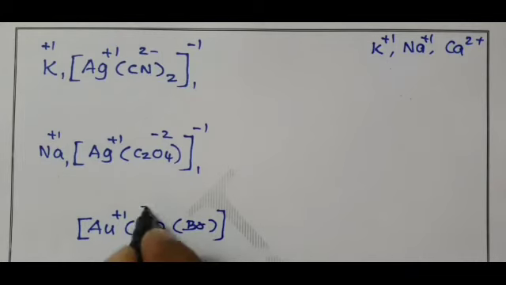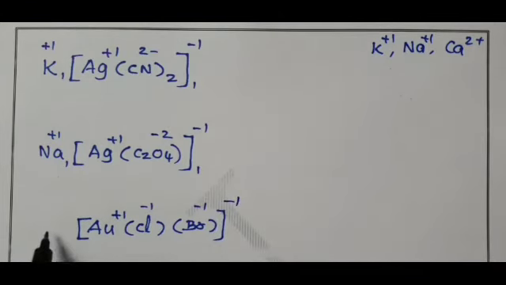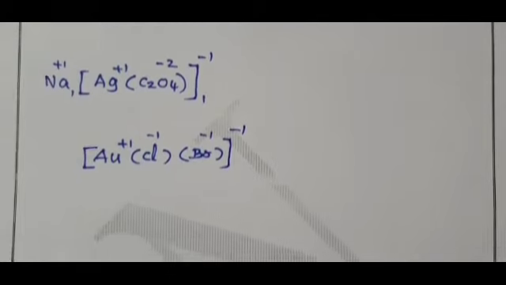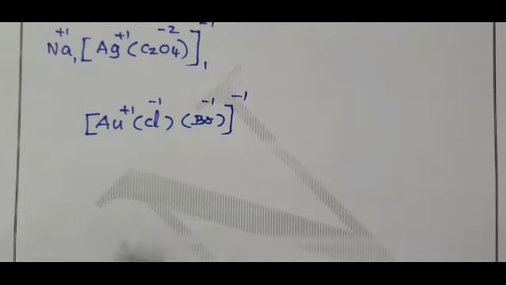One chlorine 1 minus, one bromine 1 minus, coordination number 2, both are monodentate ligands. When you add all these charges, you will get minus 1. You have to add here 1 plus 1. No need to add plus 1. So with the minus 1, how we are going to write the name? That I will explain. Come to dipositive ion.